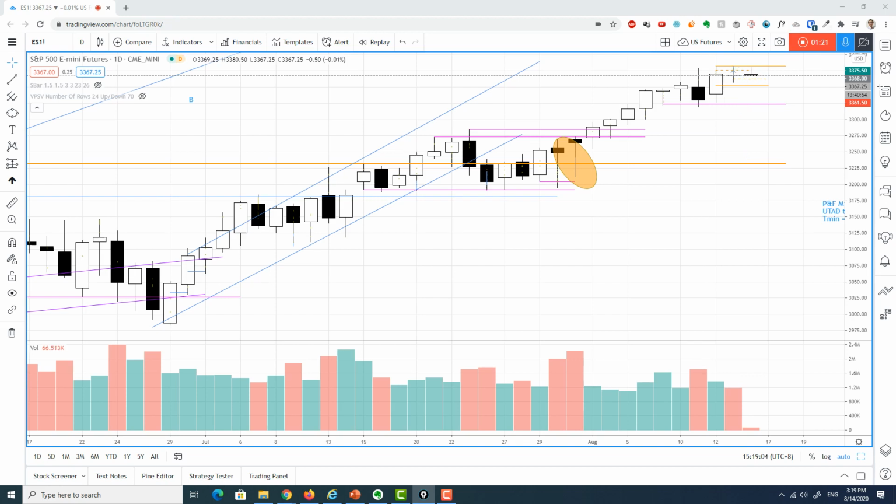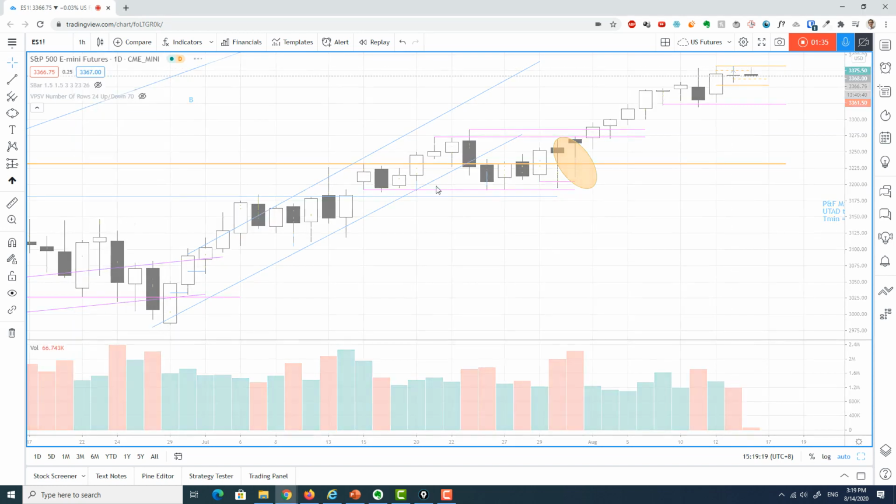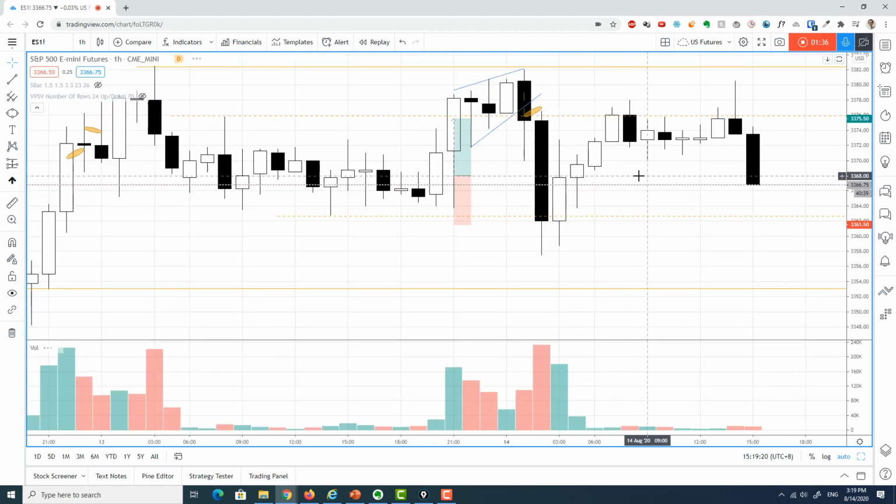I will elaborate a bit more in the later part of the video on what could happen if it fails and things like that. So in this case, I will just dive straight into the hourly time frame to take a look at the details of the price action.